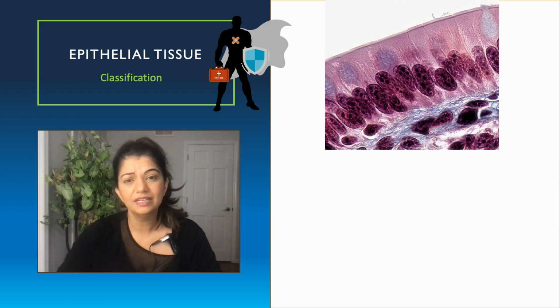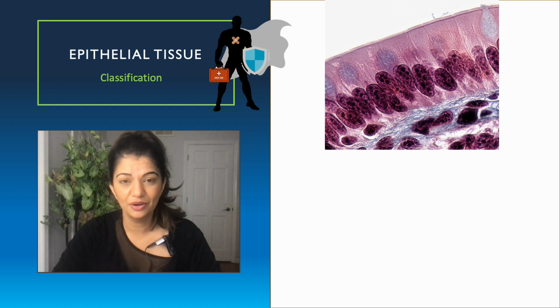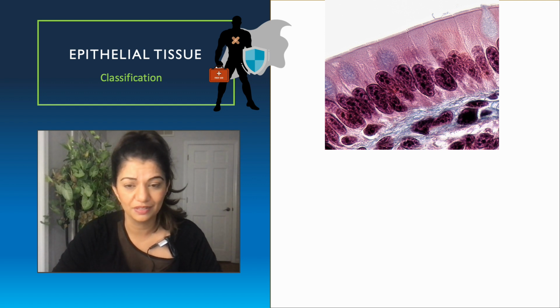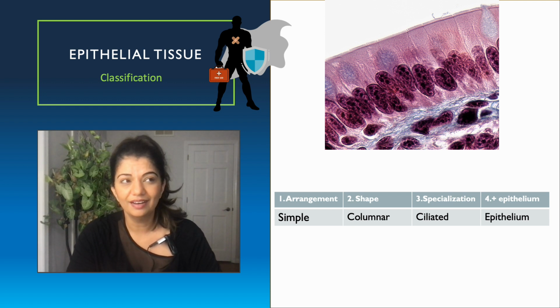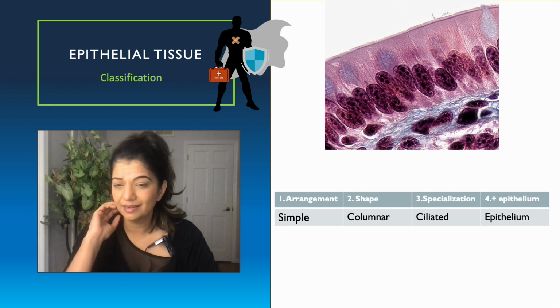All right, let's give another histology slide a go with our 4-step naming process. So this is a slide I got from the library, and it was actually under simple columnar ciliated epithelium. And now this is probably a 200 power microscope slide.